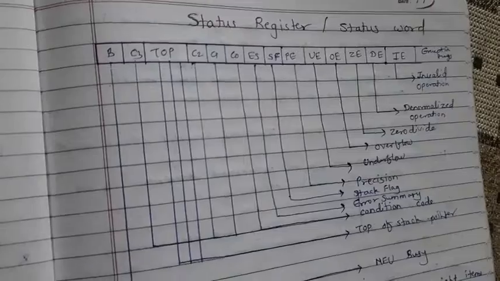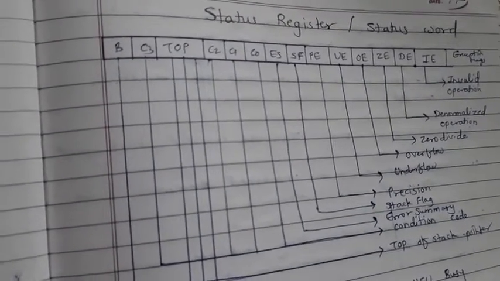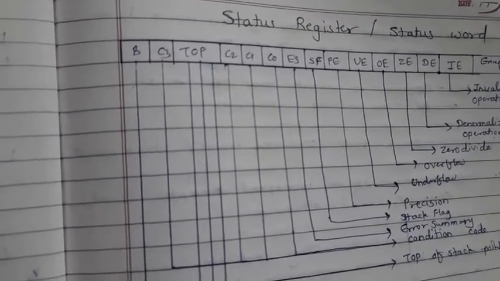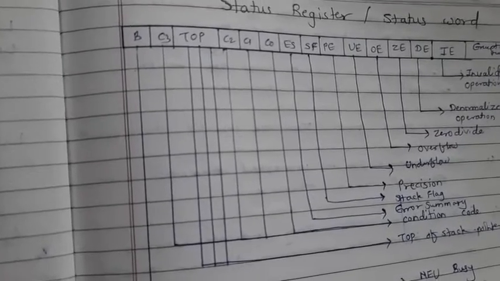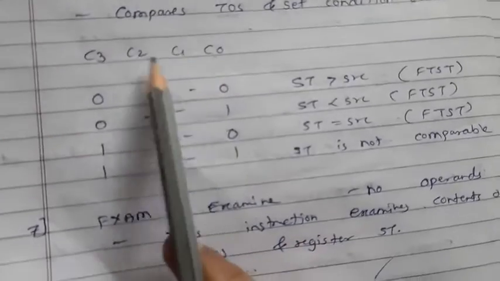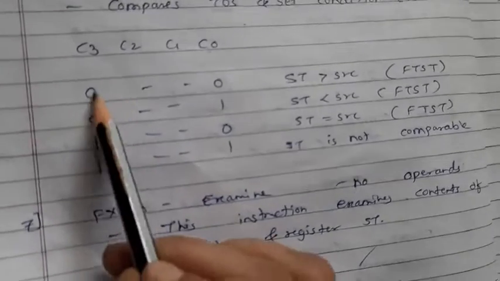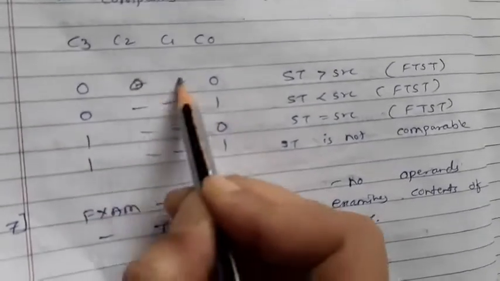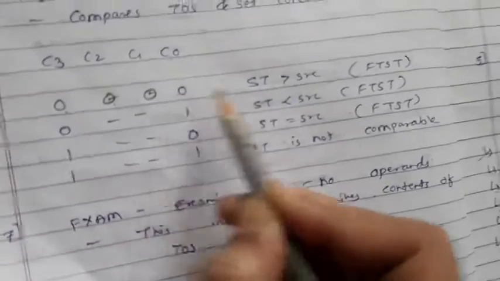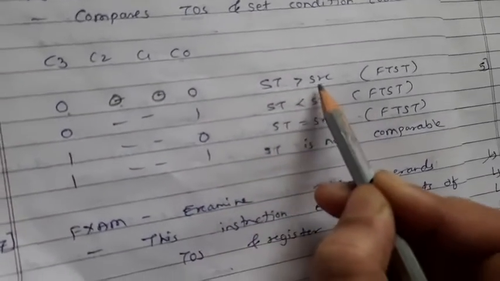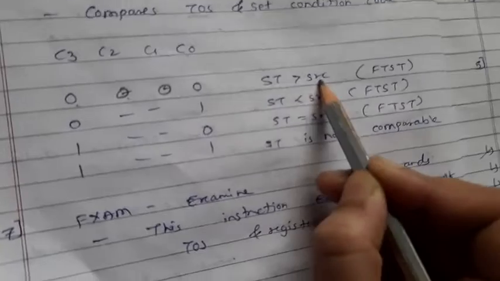Now these condition codes are used to indicate conditions, like the flag conditions, whether it is greater than, or parity is there, or zero flag is there, or sign is there, likewise. For example, C0, C1, C2 and C3 will have a combination of four binary digits. If the C0 to C3 combination is 0 0 0 0, then, for example, the condition is set like the top of stack is greater than the source.